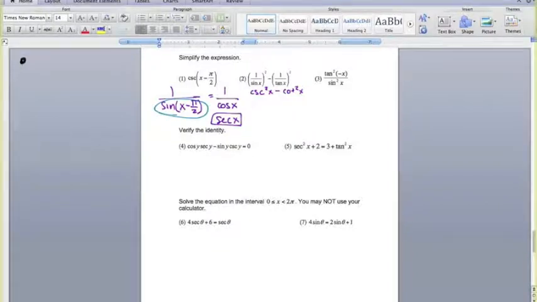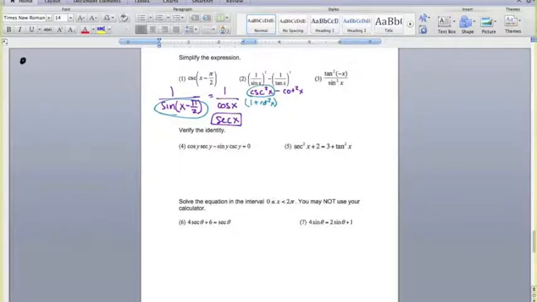And then one of our identities under the Pythagorean ones, where we have a lot of squared things and ones, says that cosecant squared is exactly the same thing as 1 plus cotangent squared.